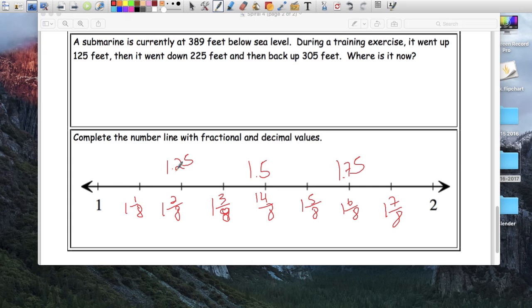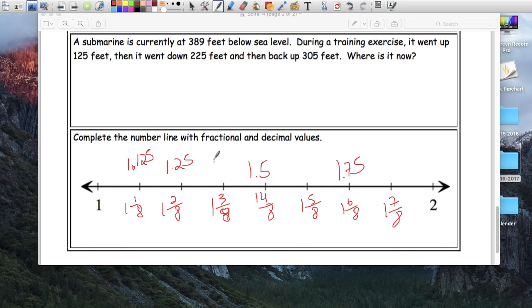And then the other ones, hopefully some of you memorized the conversions. 1/8 is the same thing as 0.125. So on the test, if you want 1.125 or 1.13, I did say you could round that to the nearest hundredth, so that was okay.